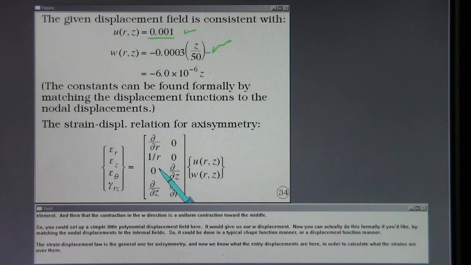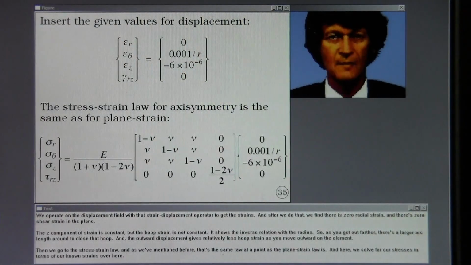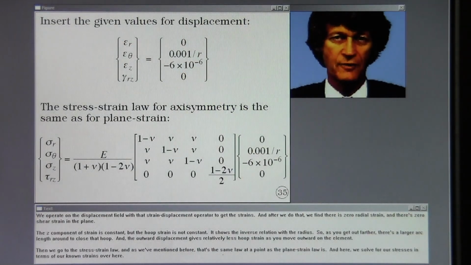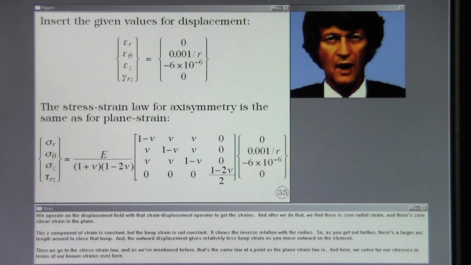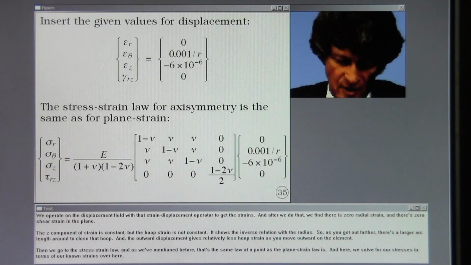The strain displacement law is the general one for axisymmetry, and now we know what the displacements are here in order to calculate what the strains are over there. We operate on the displacement field with that strain displacement operator to get the strains.